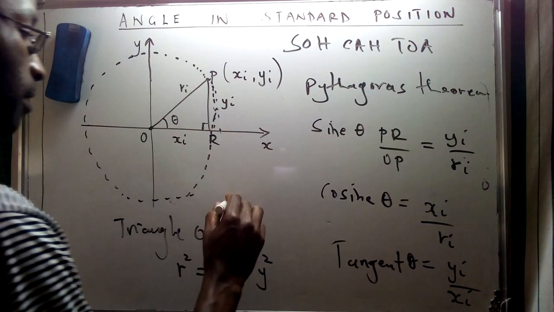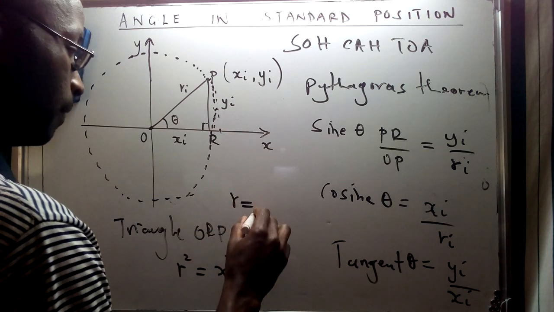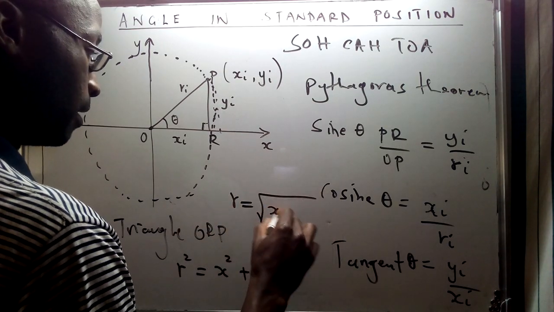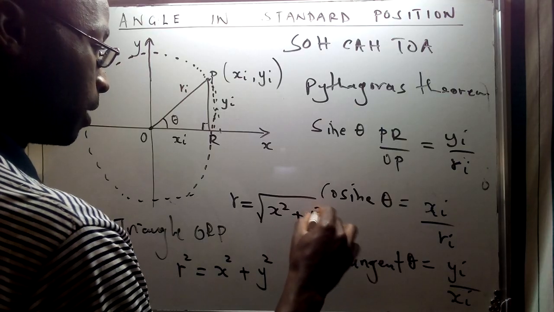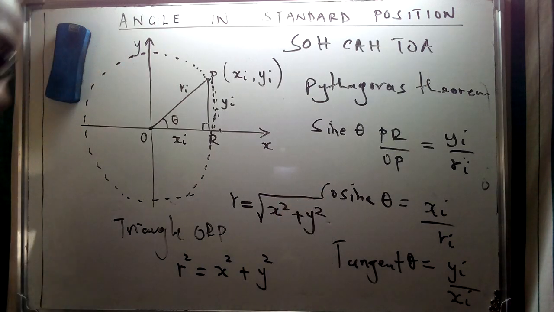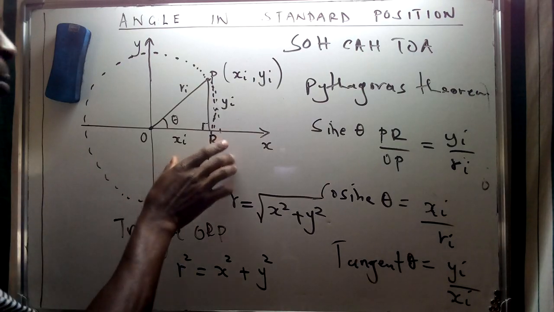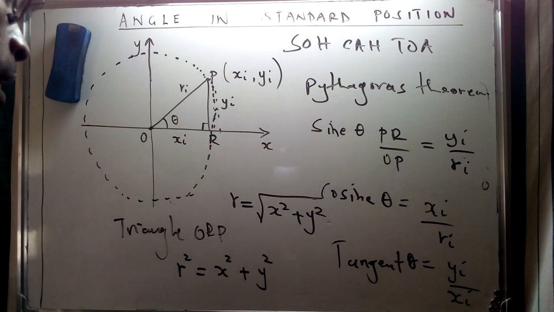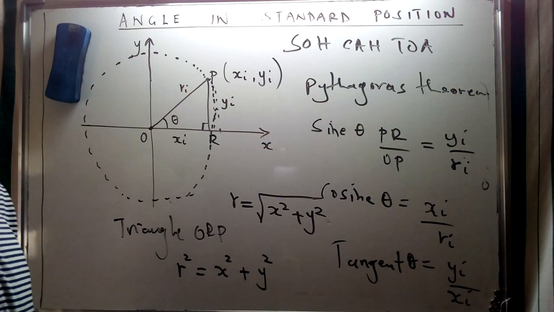So this gives us R as the root of X squared plus Y squared. That is the relationship that is going to exist between these three sides of an angle in standard position and its various stretches for the X and Y axes respectively. I hope that this forms a basis for us in defining various trigonometric ratios.